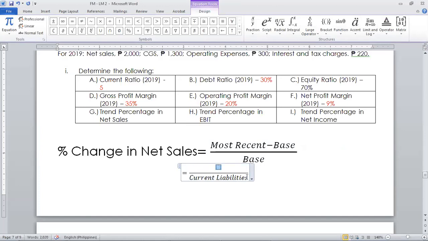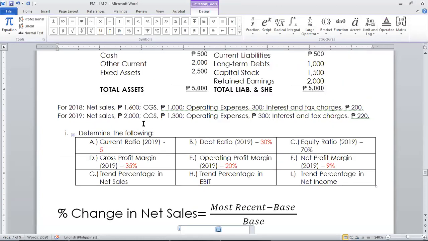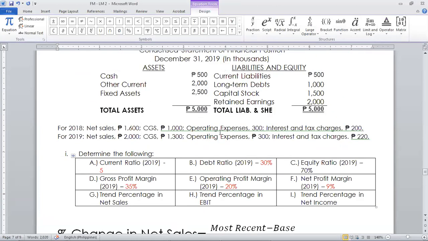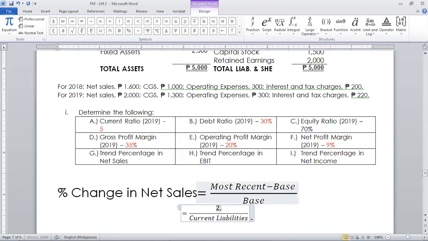So how much is the most recent net sales? 2,000, ma'am. 2,000. Okay, 2,000 minus the base, our net sales last year, 1,600.